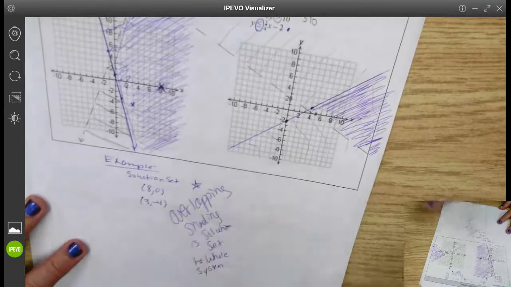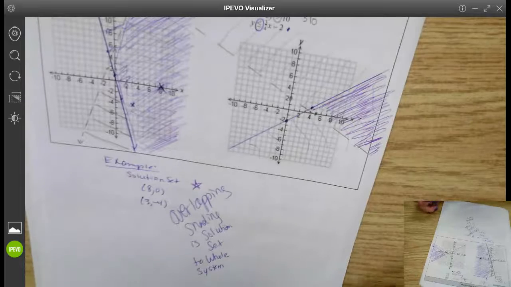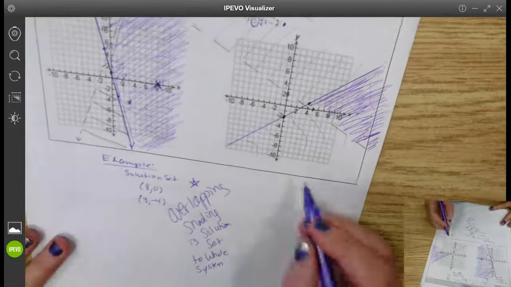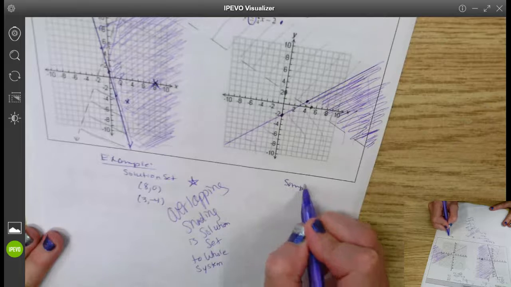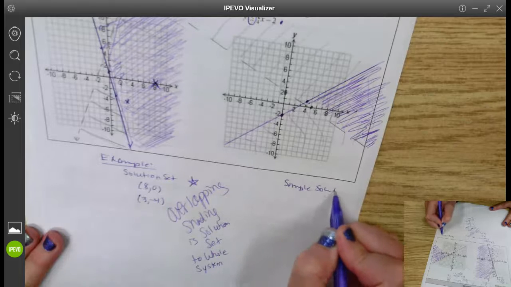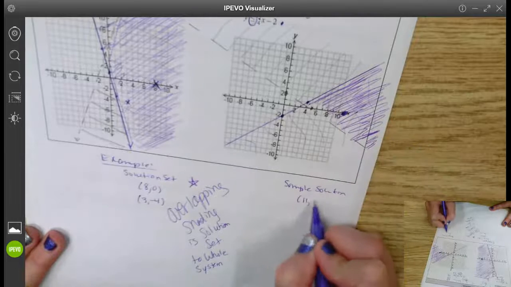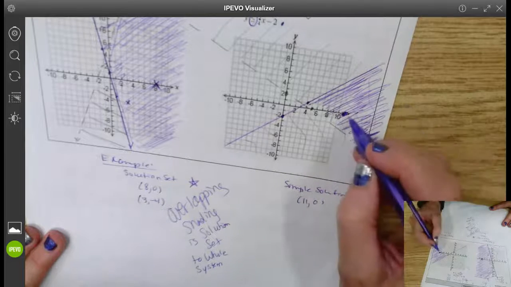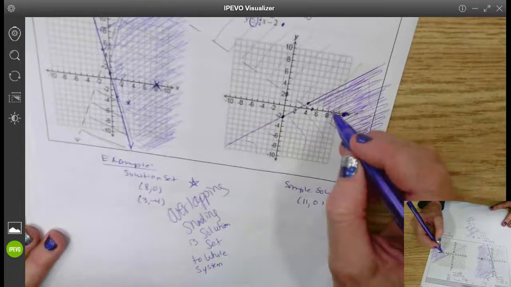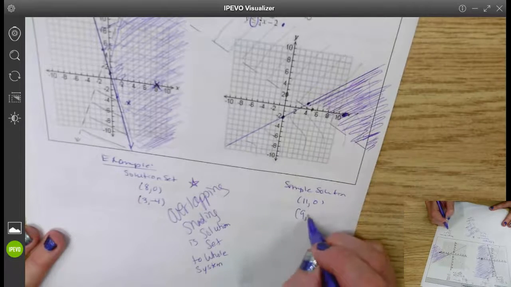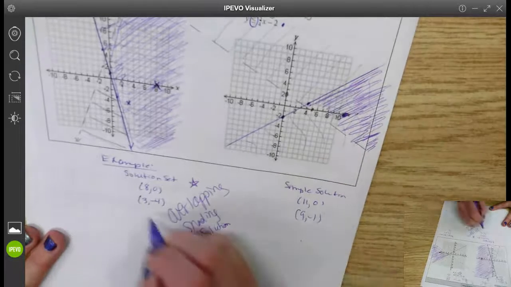Okay, that's what you've got to do, is shade the overlap. I've got to be able to see where you cross. And again, if I ask for a sample solution, then you're going to grab any point that falls inside here. So like (11, 0). This would be guessing over here. So this looks like (9, -1). These are just examples.